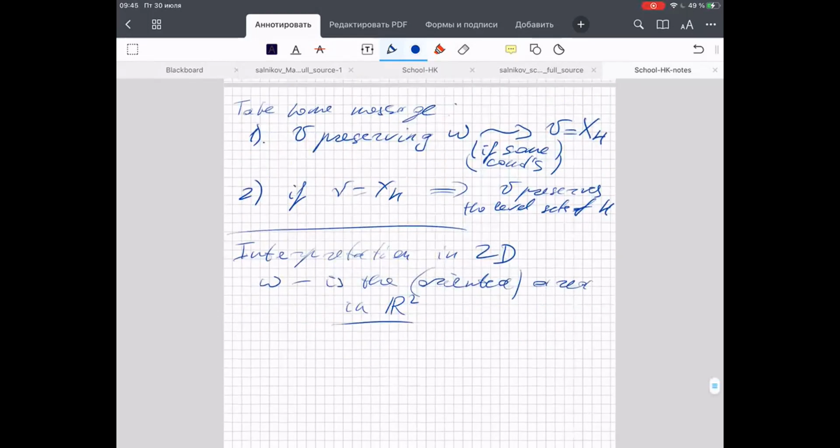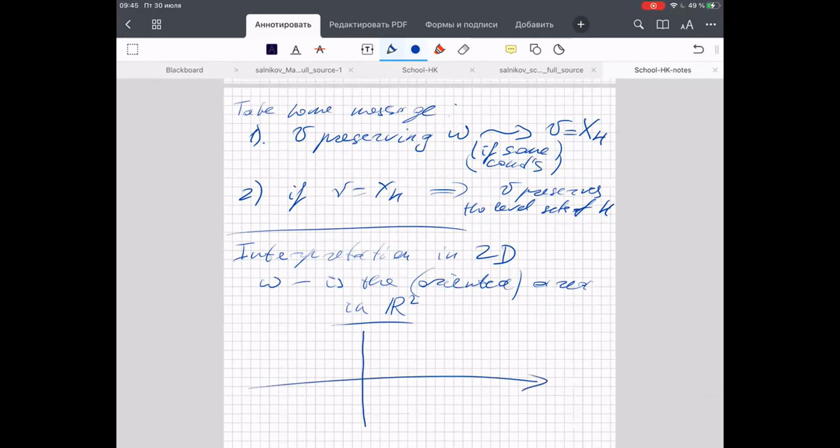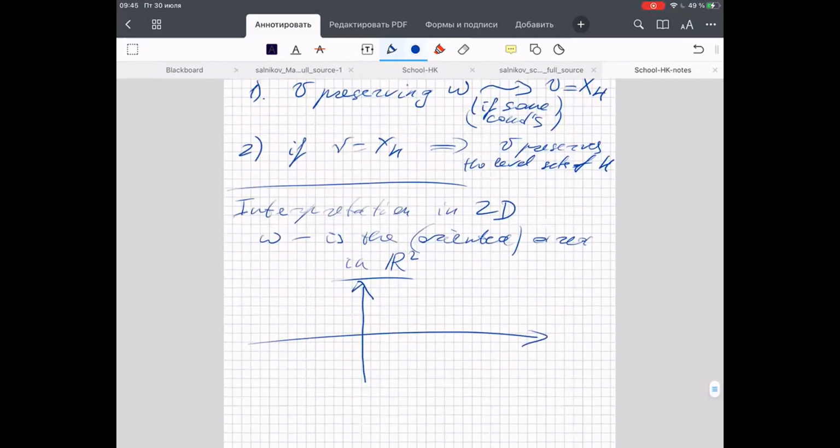And what I just wrote above is basically the following. I have some dynamics in my phase space R2 that preserves the area. What does it mean preserving the area? I'm not taking one point and looking at it. I take a small region around this point and I look at how it behaves.